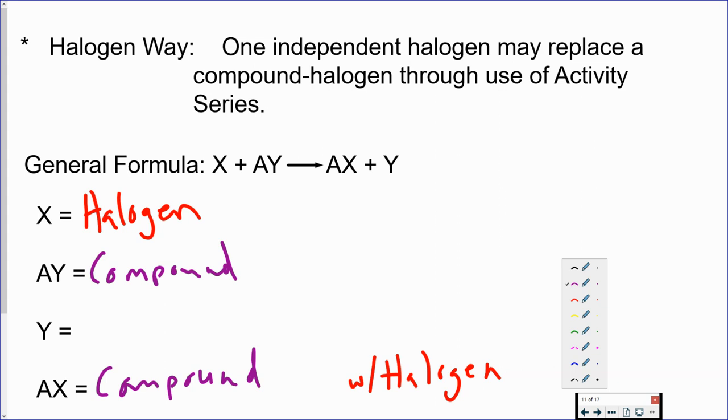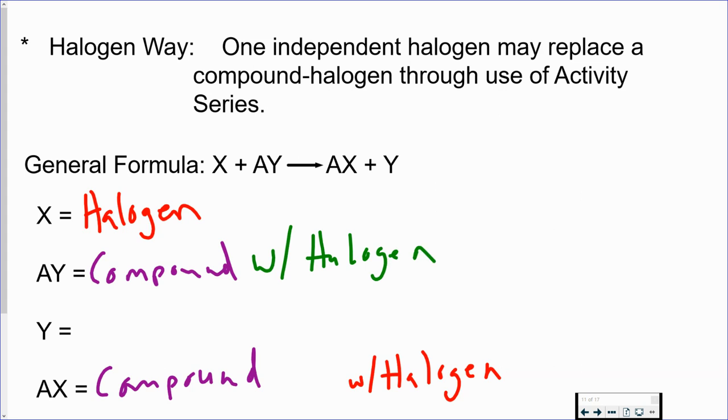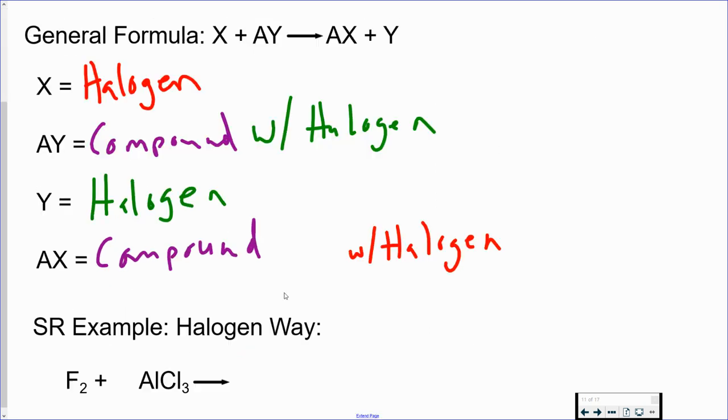So, for example, the halogens would be like fluorine, chlorine, bromine, and iodine. So this has one halogen in it. And this then becomes the halogen that is by itself. So metal way, you're replacing cations. Halogen way, you're replacing anions. That's really the major difference.